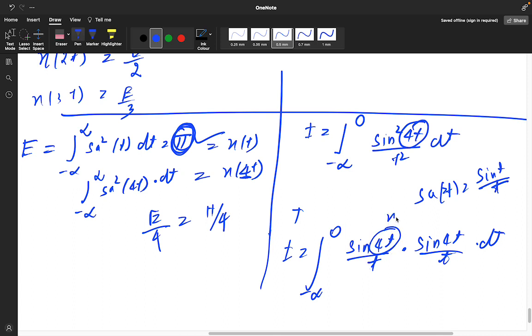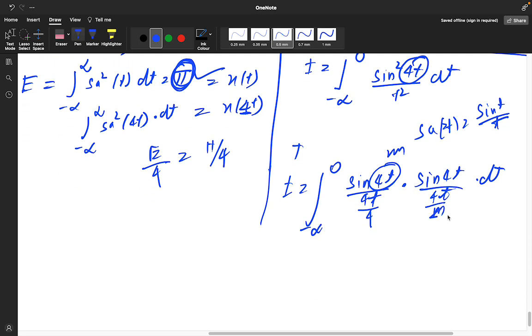Suppose you are taking 4t as m. So 4 divided by 4, 4 divided by 4, so this will go upside. Minus infinity to 0.